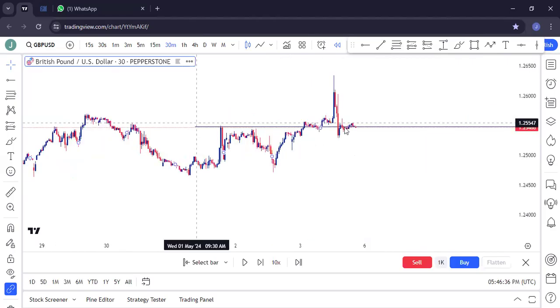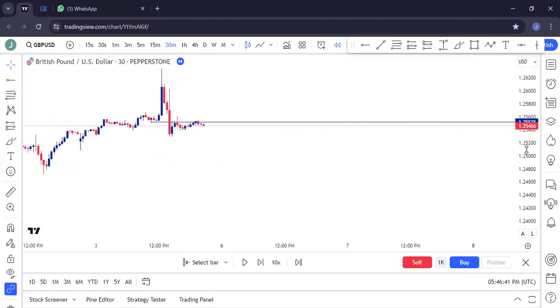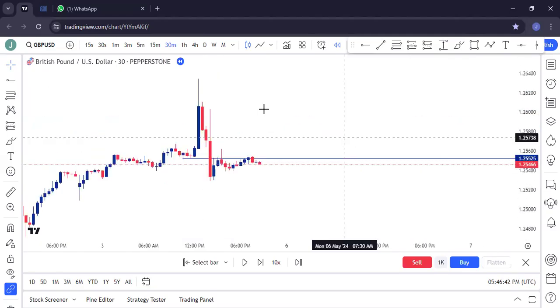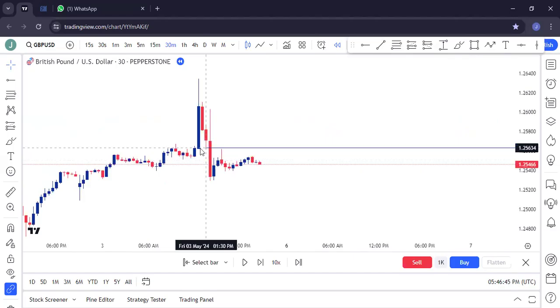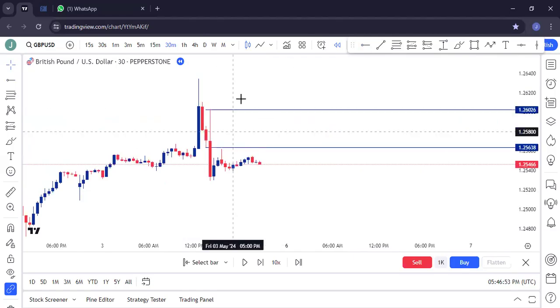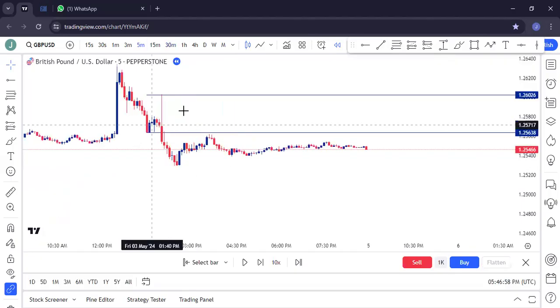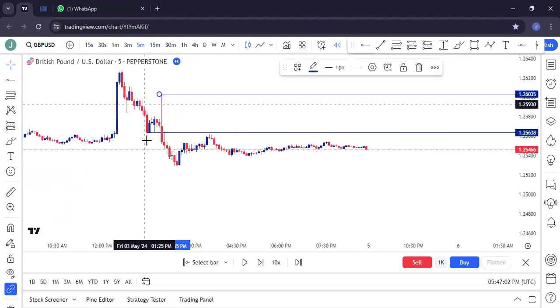The price changed character here, and it left us with what? A formation. Now this formation is hidden in this camouflage. It is hidden in there. If you go now to the lower time frame, you can see the price created a long wick rejection.